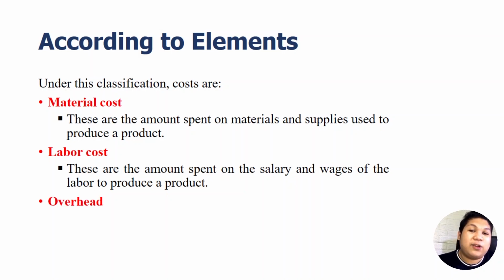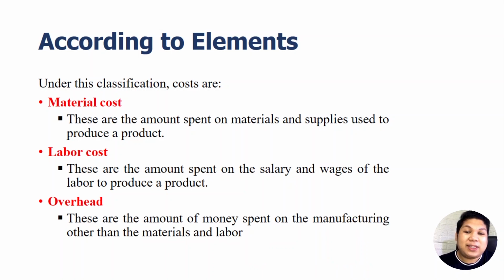And the third one is the overhead. This is the amount of money that you spent on manufacturing other than labor and materials. When you say overhead, it's a cost that cannot be traced to either material or labor, but is needed to produce a product.